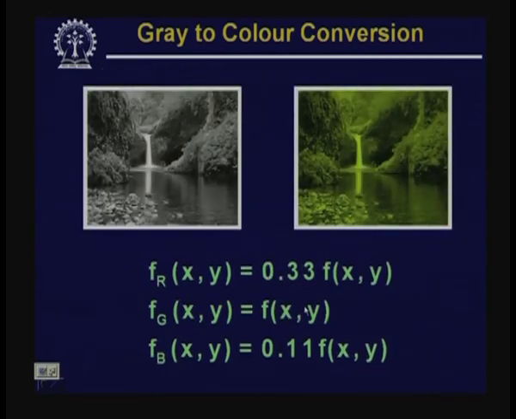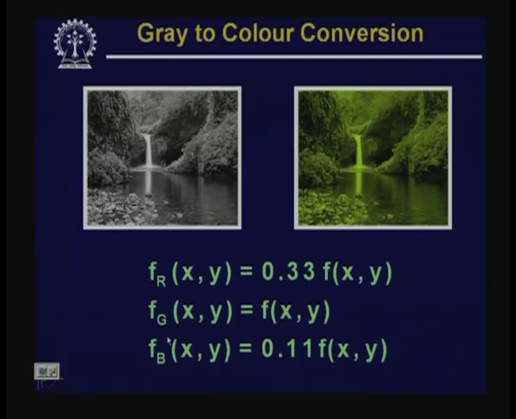Whereas, in this particular case, our pseudo colored image appears to be green, because here the green plane is the same as f(x,y), whereas red and blue are taken as scaled down versions of f(x,y). So, if we change the weightage of these different functions for the red and blue planes, the color appearance will again be different.